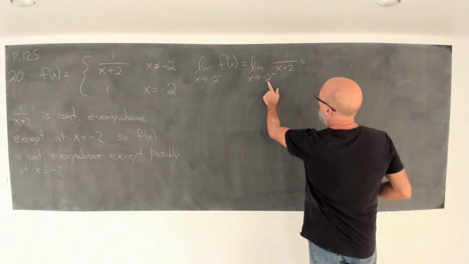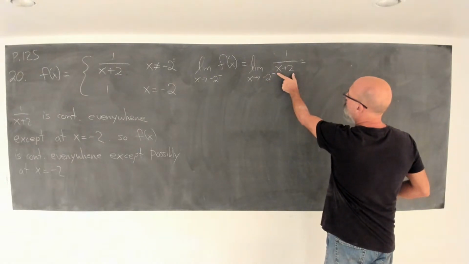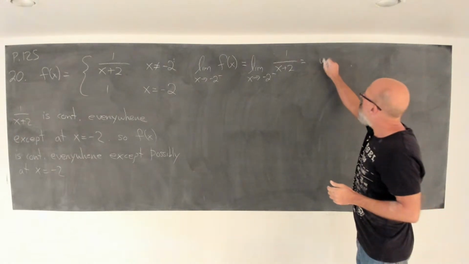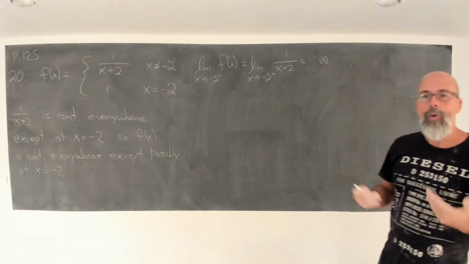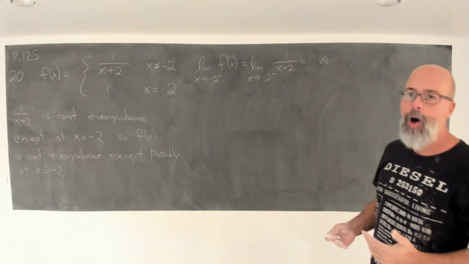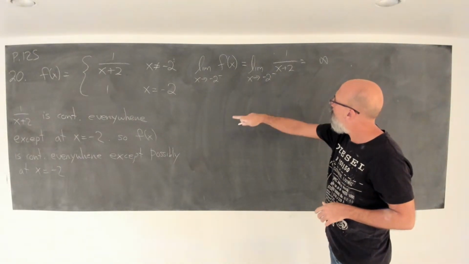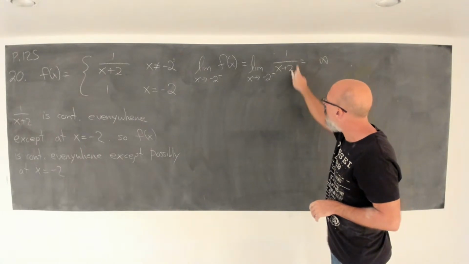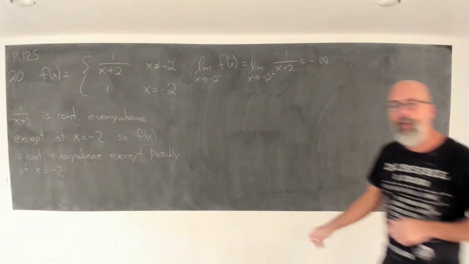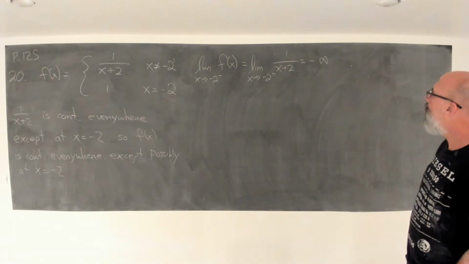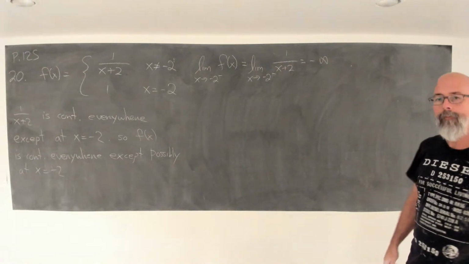Right? If you plug in -2, you get a 1 over 0. And you know that in the context of limits, this is some sort of infinity. We have to determine if it's negative or positive. A number less than -2 plus 2 is going to be negative. So the whole thing is negative. Negative infinity is the answer here.